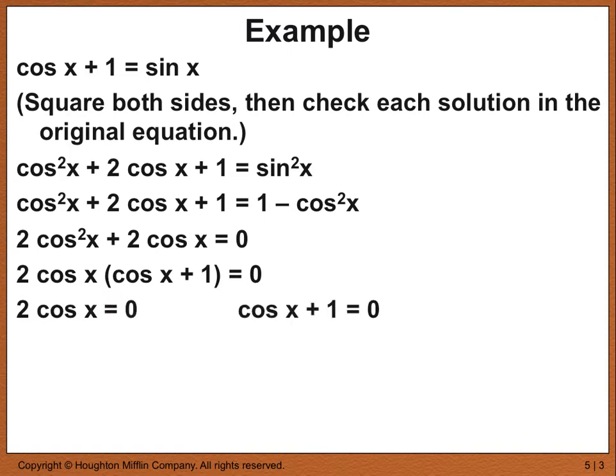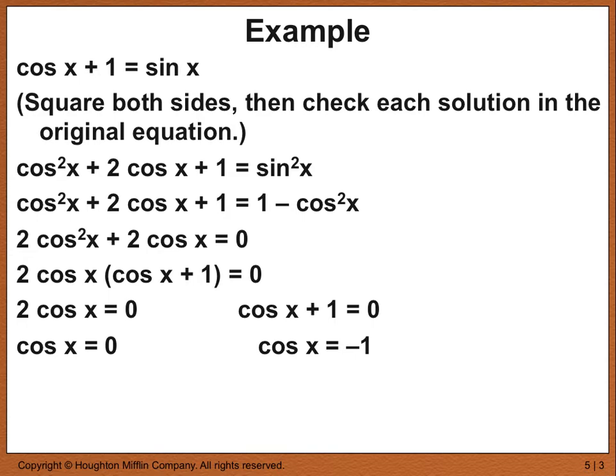That means our two options are 2 cosine x equals 0 or cosine x plus 1 equals 0. On the left side, we divided both sides by 2, and we end up with cosine x equals 0. On the right side, we simply move the 1 over, and we have cosine x equals negative 1.